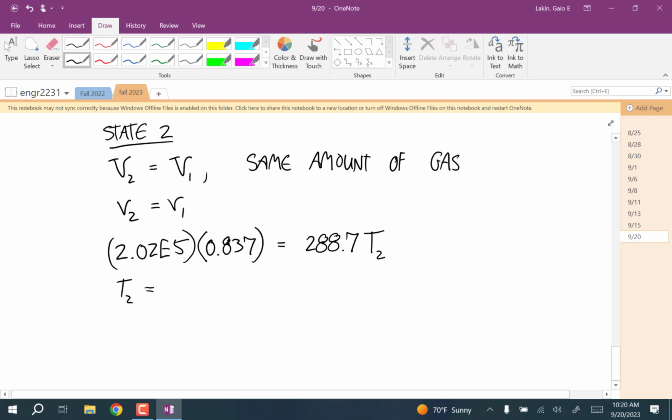And so T2 is equal to 2.02 E5 times 0.837 divided by 288.7. And you get that T2 is 585.6 Kelvin.